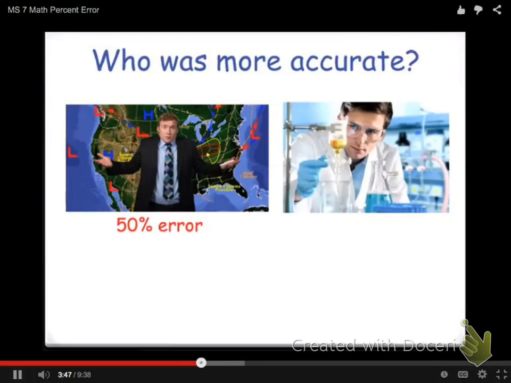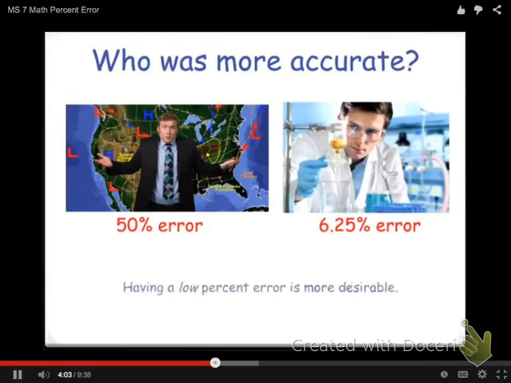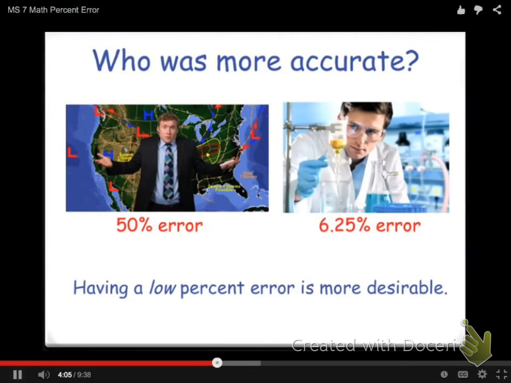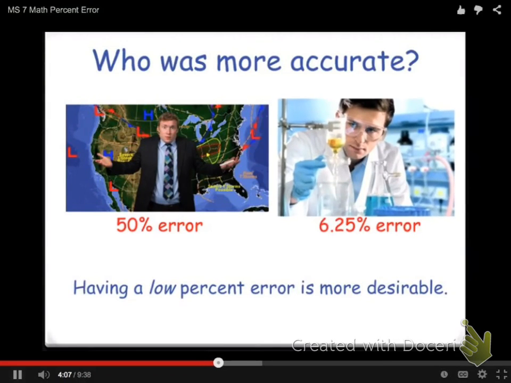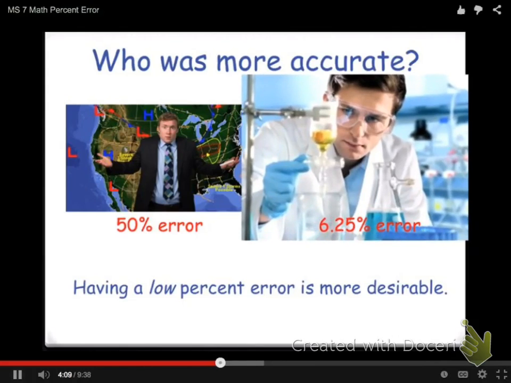What was Joshua's? It was 6.25%. Usually, we associate percents as the closer to 100%, the better. But in this case, the scientist was closer to his exact value, creating the smallest percent error. Having a low percent error is going to be more desirable.